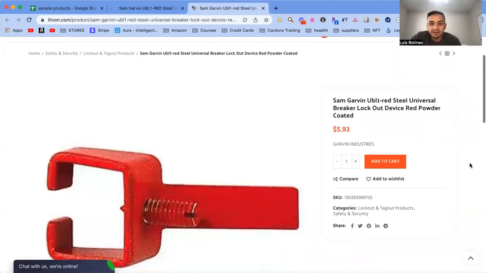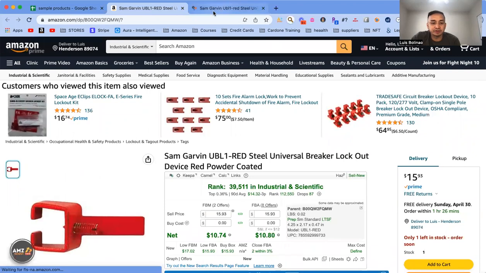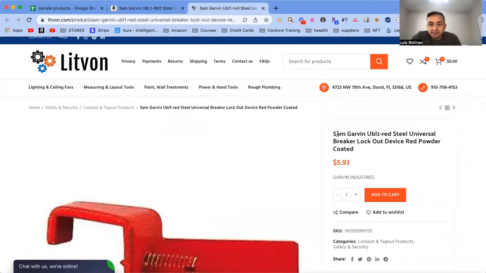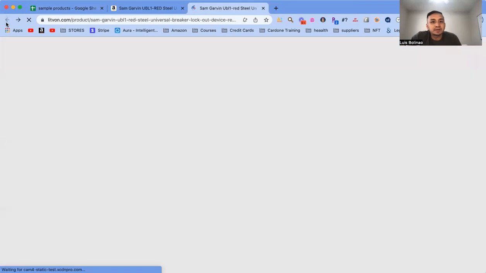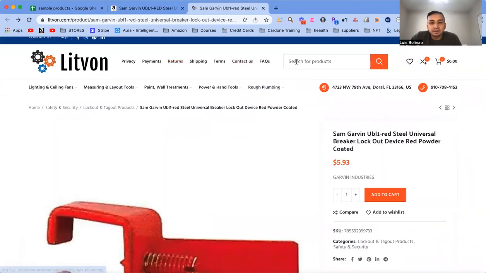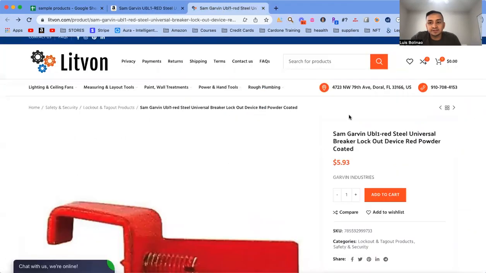So again, I would check if the products match. I usually look at the photos, I look at the title. Let's see, Sam Garvin, UB1 red steel. Universal breaker lockout device, red powder coated.